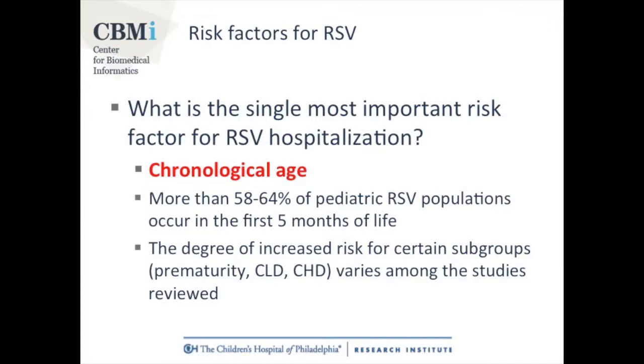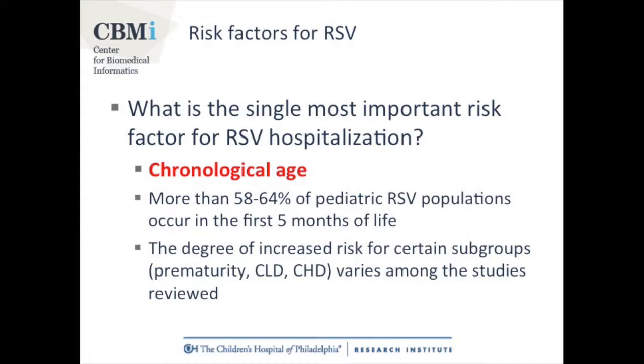So when we think about the risk factors for RSV, there's been a lot that's been talked about in the numerous policy statements about the risk factors for patients. But the single most important risk factor for RSV hospitalization is actually chronologic age. And I put this out here at the beginning because this provides a basis for some of the changes that were made in this policy statement versus the previous statement in 2009.